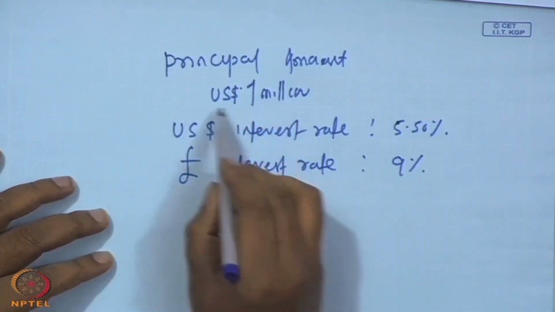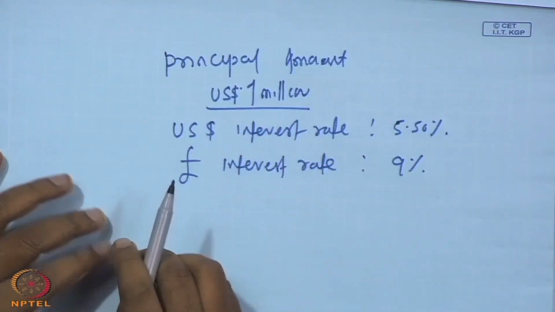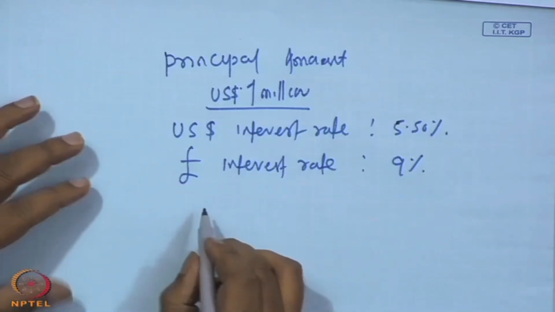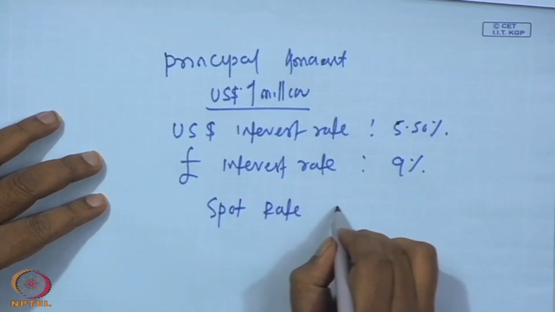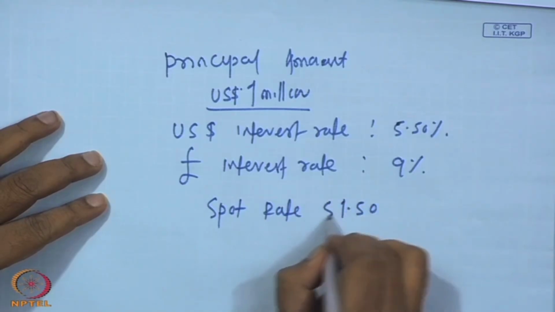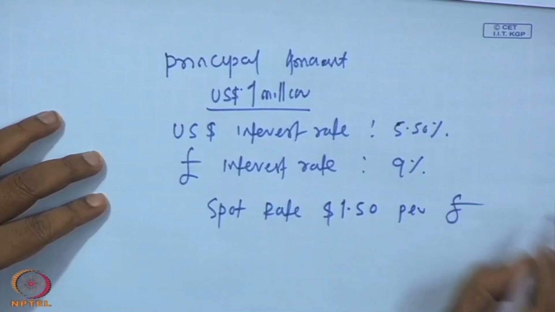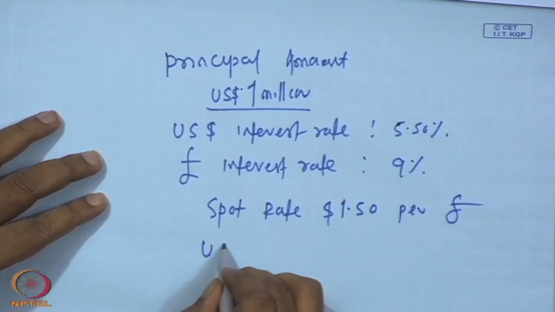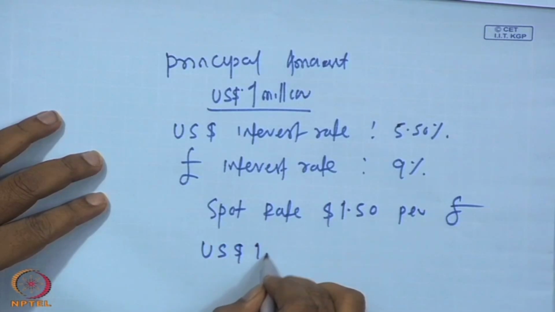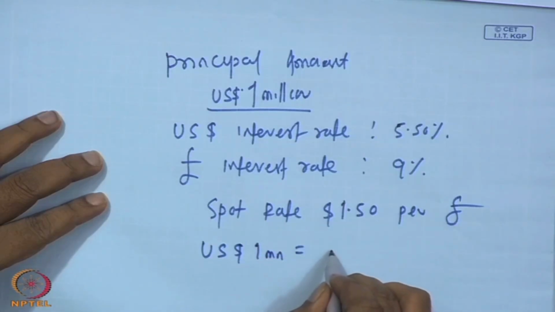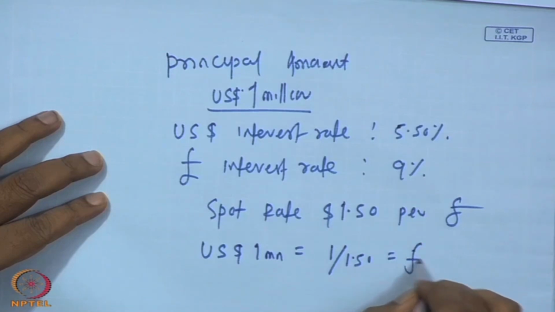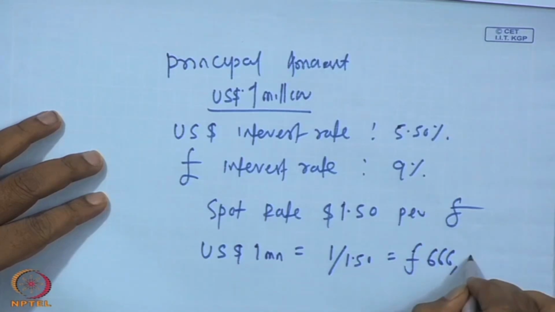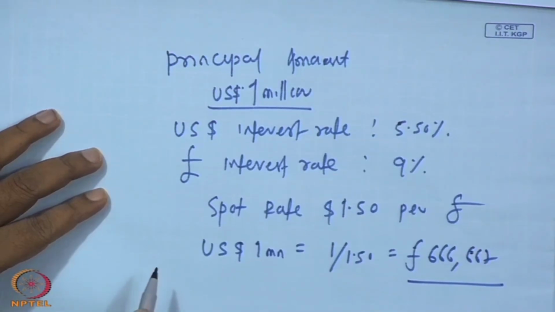But 1 million US dollar is equivalent to how much pound sterling? The spot exchange rate is $1.50 per pound sterling. So, US dollar 1 million divided by 1.5 is equivalent to 666,667 pound sterling.